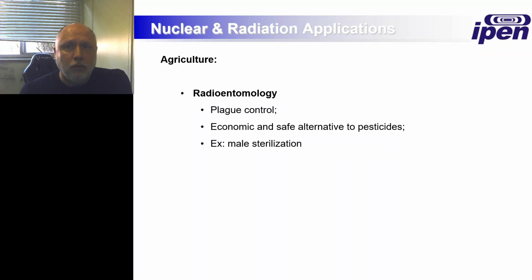Basically, you sterilize the male and release them so that they compete with healthy males, with males that are not sterile, and as they compete, they reduce the number of males, and then they reduce the amount of some kind of problematic animal. In this case, we're talking about the insect that causes dengue fever.